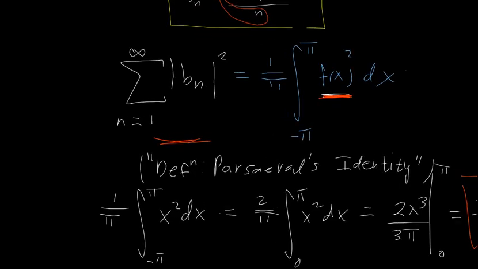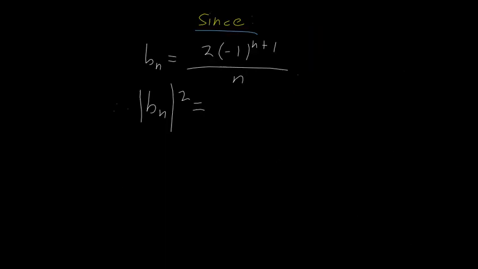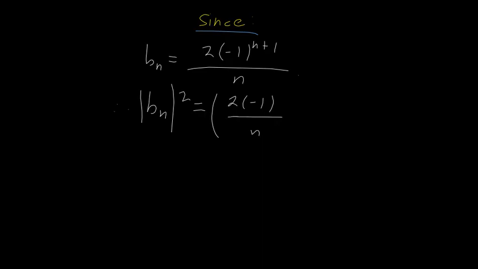We need to know what our b sub n is before we can calculate our b sub n squared. So the b sub n is going to be equivalent, as I said above, we just square all that. Let me just show you what I mean. We're just taking 2 times -1 all over n, all squared.